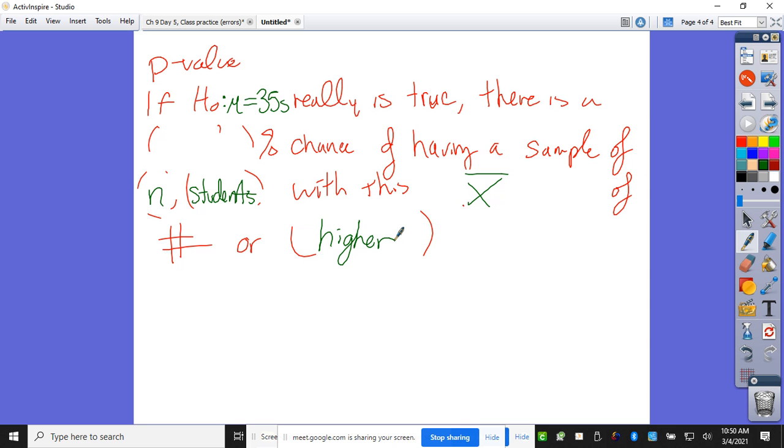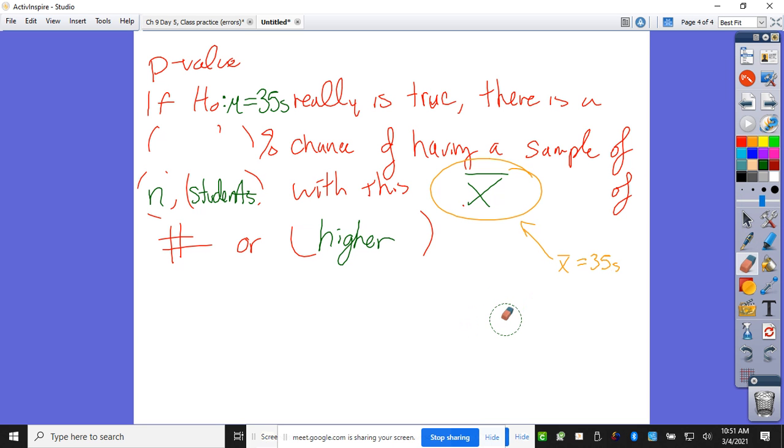This right here, if this number were 35, and there's obviously more that goes in it because of standard deviation, no, it doesn't. If this number were 35, what would our p-value be? No, if this number were 35, what would I know? Let's say we're doing it with a t.